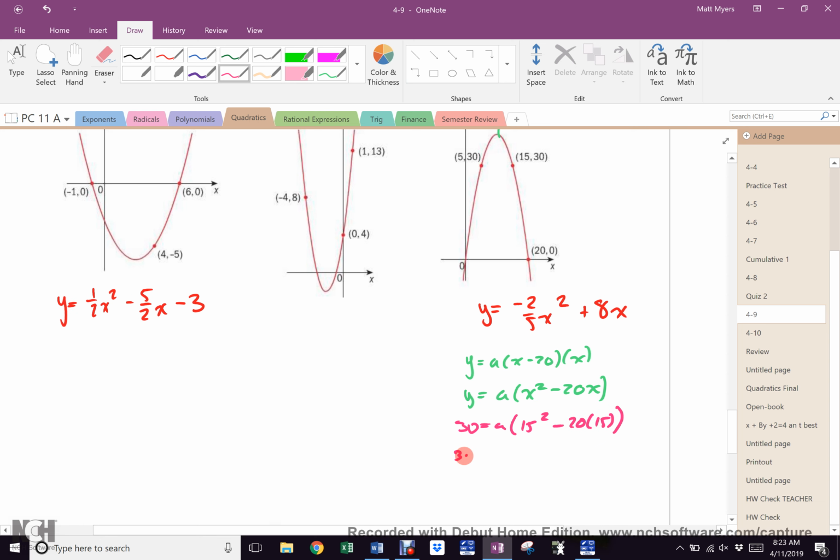That gets me 30 equals a times, 225 minus 300 is negative 75.